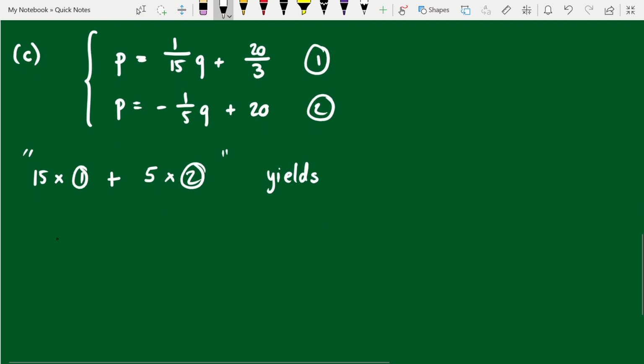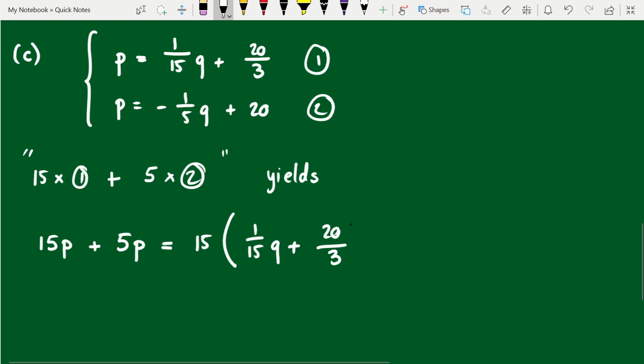So 15 times 1 on the left hand side is 15p, plus 5 times 2 on the left hand side is 5 times p. That is equal to 15 into 1 upon 15 q plus 20 upon 3, plus 5 into minus 1 upon 5q plus 20.